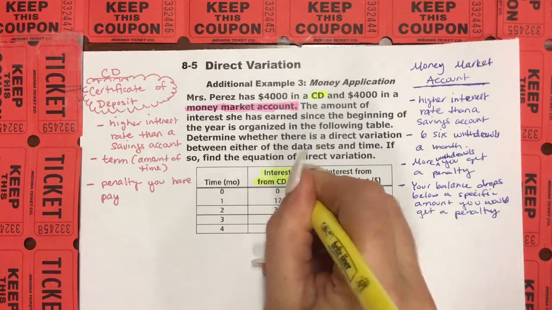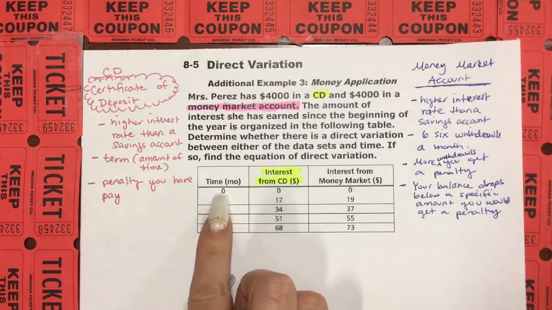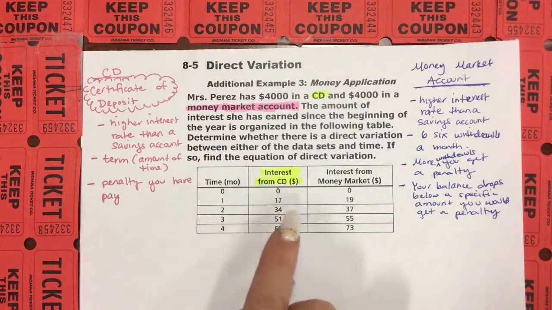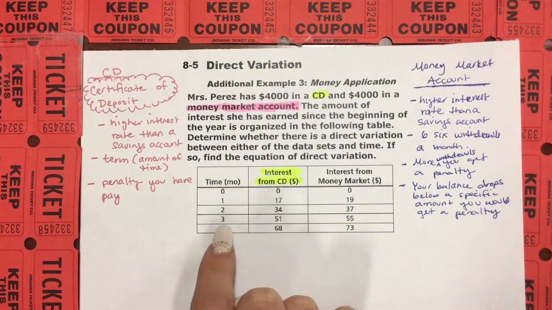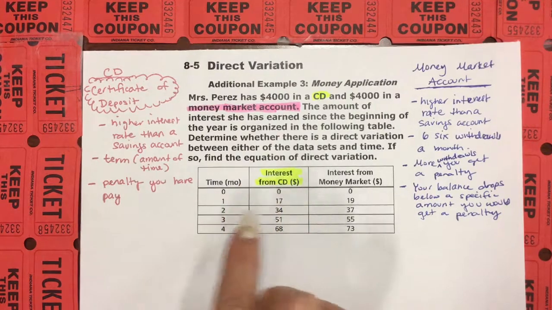From the interest on the CD, okay? For the 0 months, she didn't get any interest. For the first month, she got $17 interest. From the second month, she got $34 interest. From the third month, she got $51 interest. And from the fourth month, she had $68 in interest. Okay, so that's the interest from the CD.